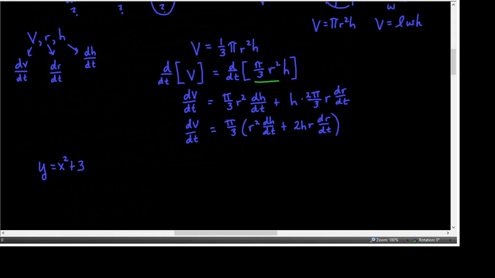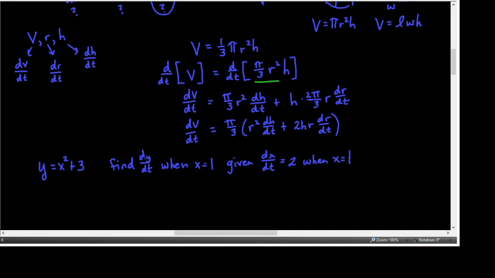Find dy/dt when x is 1, given that dx/dt, the rate at which x is changing with respect to time, is 2 when x is equal to 1.